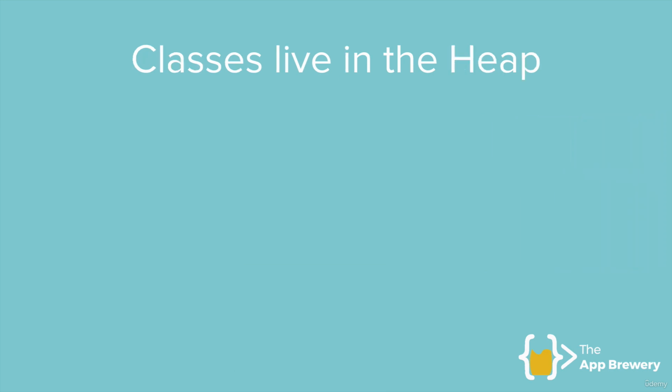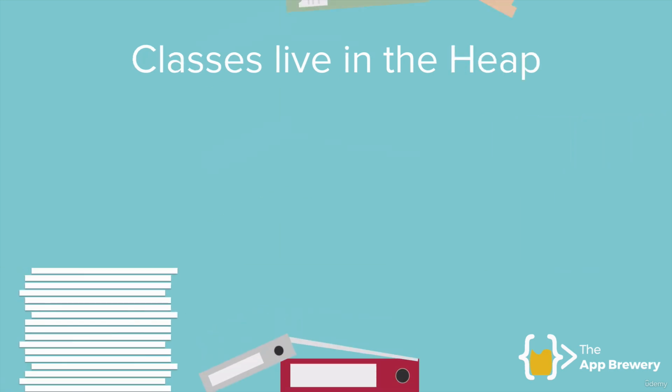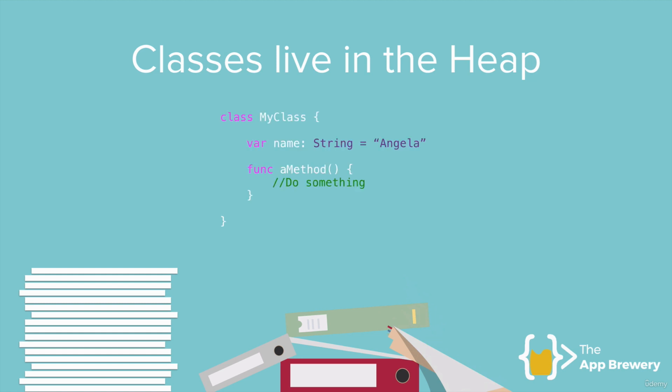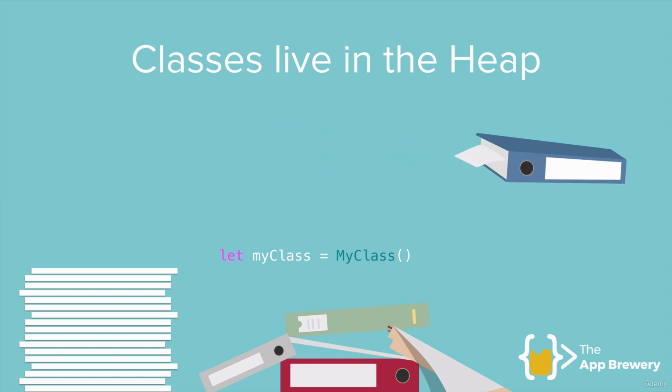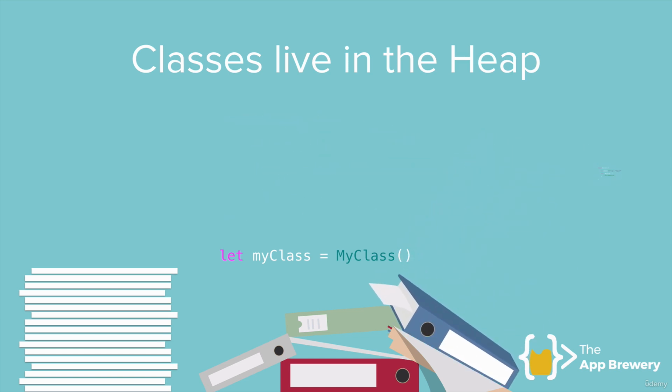Now, classes, on the other hand, live in the heap. If we create a new class called MyClass with a property and a method, then when we initialize our class, all of that data gets allocated some memory and it will be saved somewhere in the heap.